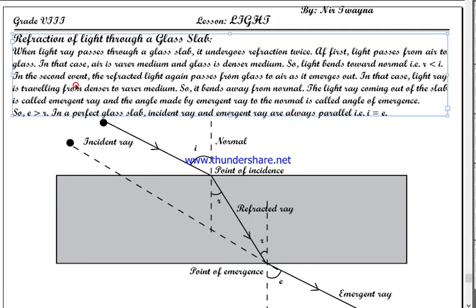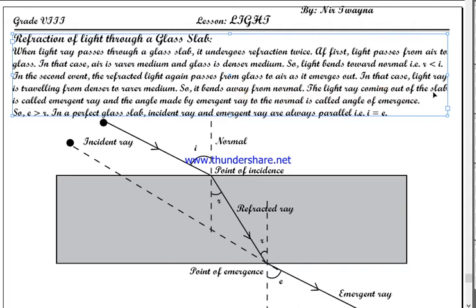In the second event, the refracted light again passes from glass to air. That means denser to rarer medium. In that case, the light ray bends away from the normal. The light ray is traveling from denser to rarer medium as it emerges out, so it bends away from the normal.